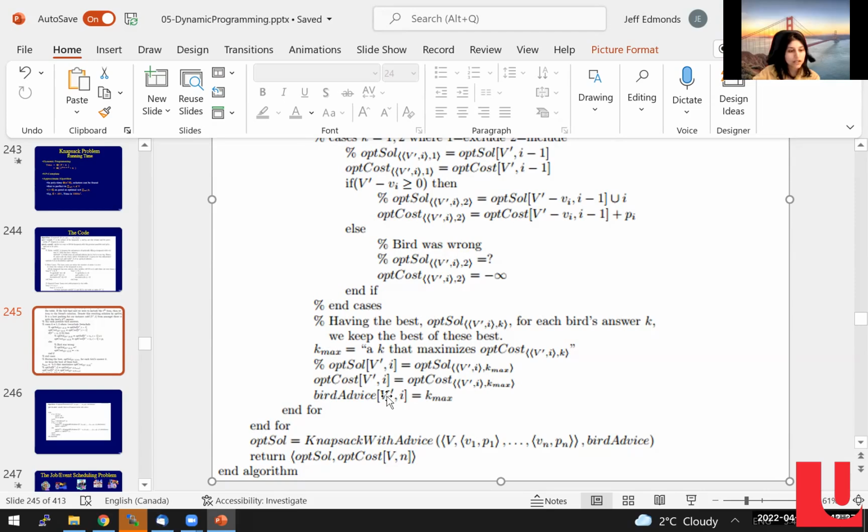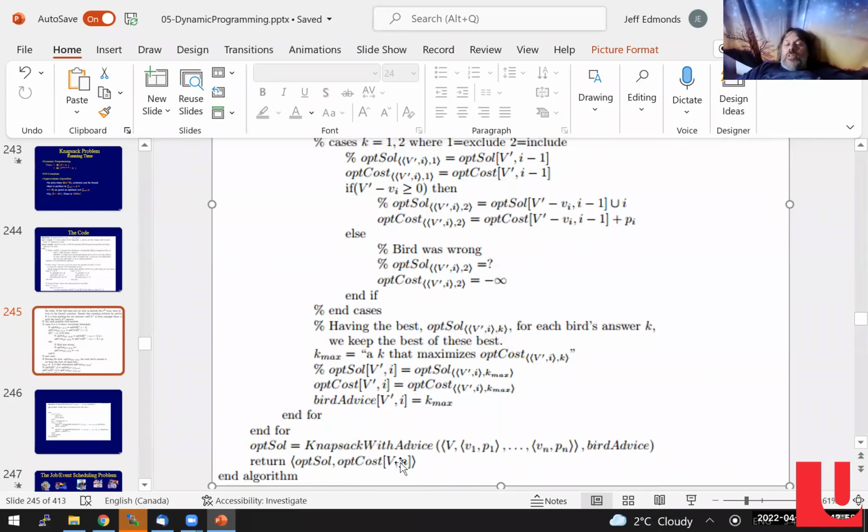Can you also explain that part after the for loop, where there's an optimal solution that says knapsack with advice? So here, I'm saying you don't actually have to worry about this too much. In the end, our instance is a knapsack of size V where we have n objects. We have to worry about all n objects. This is our instance that we need to solve. And we know the cost of the optimal solution to our instance, but we didn't store the solution because of these comments here.